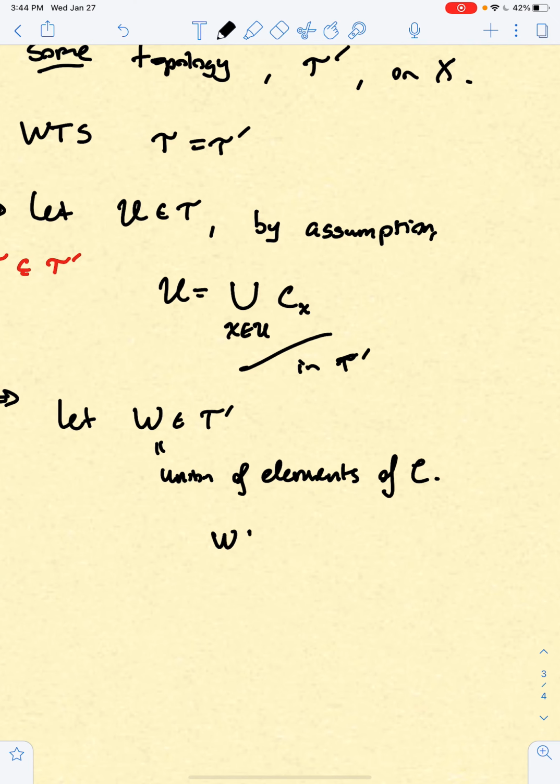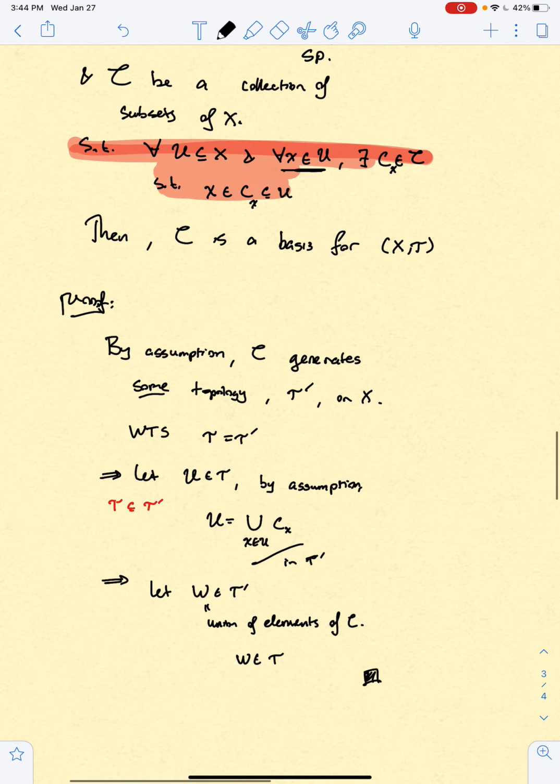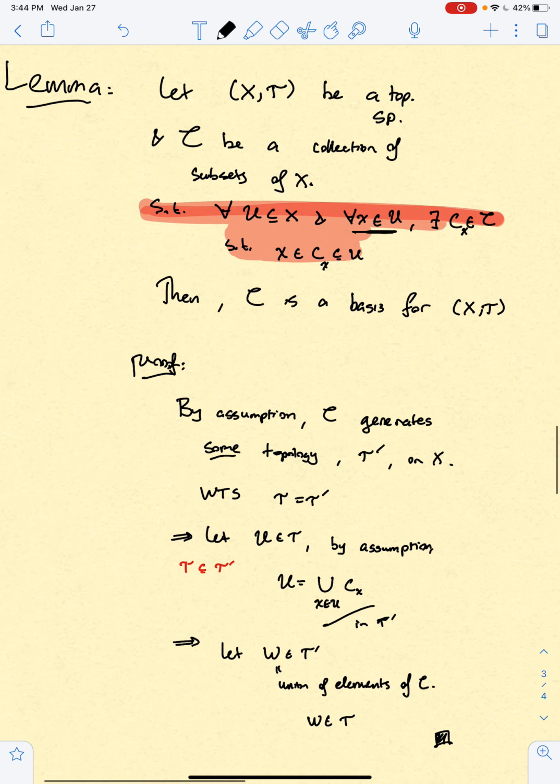And so W belongs to tau. So we're done. It's just a quick little lemma. It's nothing really deep here. It's just kind of going backwards.